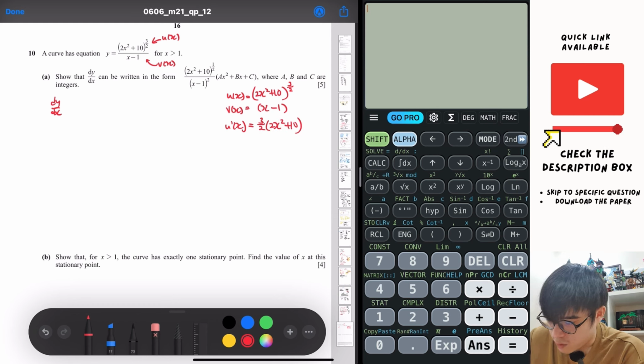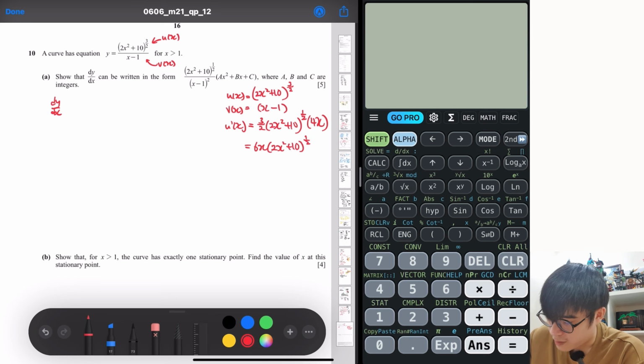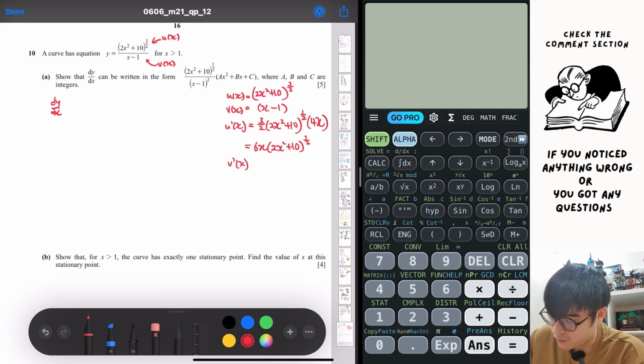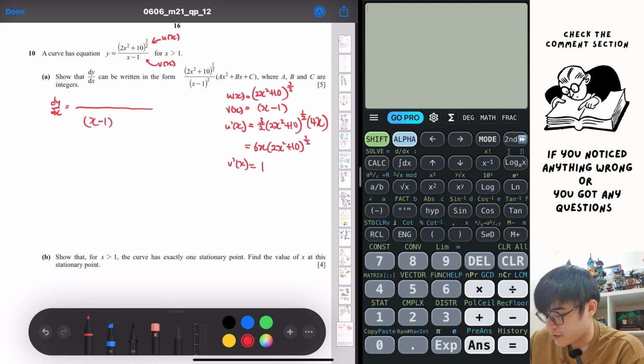Minus the power by 1, you have 1/2 is the balance, then you have 4x here. So when you readjust them, you will have a final answer of this after the simplification, whereby for your v prime, you have 1.